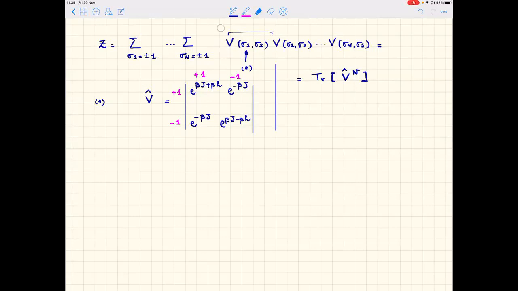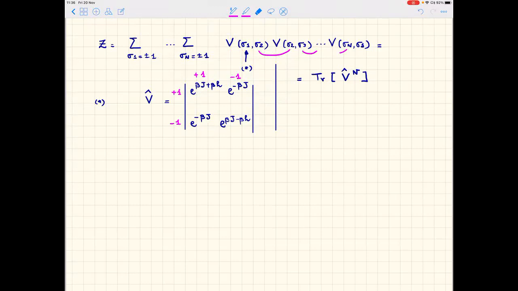Now, since I'm always summing over the indices that stay in between, this is the product of n matrices, V to the power n. It's the same matrix, right? Yes, it's always the same matrix. So therefore, this is V to the power n.